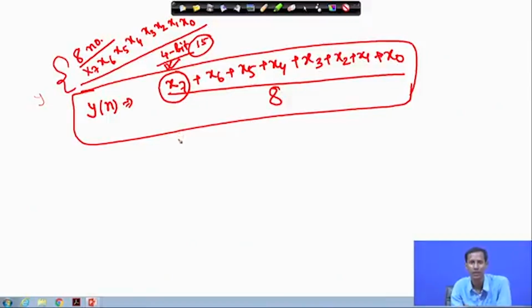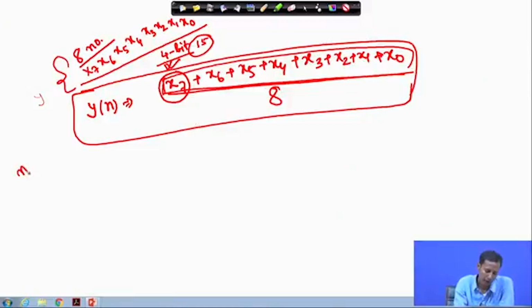Initially I have to add all these numbers, then divide by 8. To add these 8 numbers I need 7 adders, because if I want to add n numbers, then n minus 1 adders are required.